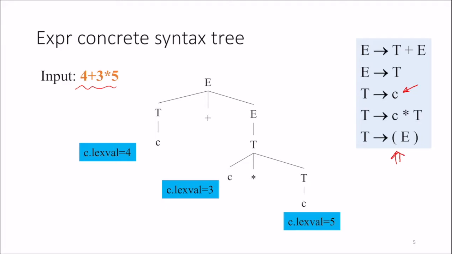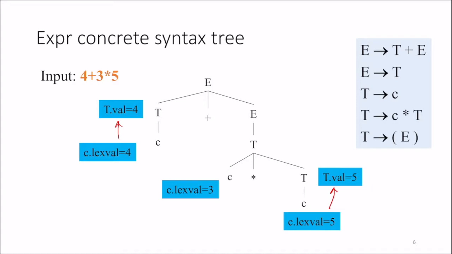We get these values that are shown over from the lexical analyzer. So the three integer constants there, 4, 3, and 5, are provided by our lexical analyzer. So the next step, what we want to do is take these values and move them up the tree. The next step would be to take the value of 5 and move it up to the non-terminal t here, and the same thing happens over here.